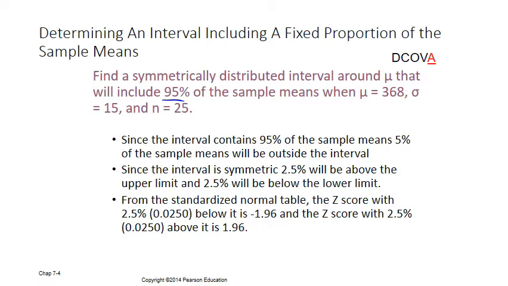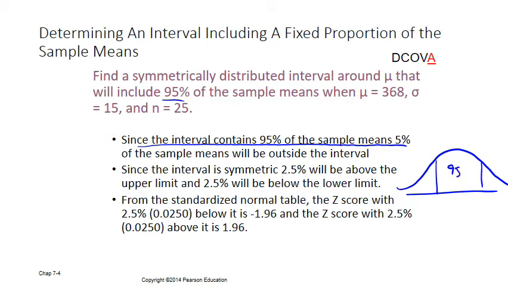Here you can see that since the interval contains 95% of the sample means, 5% of the sample means will be outside the interval. Like the way we did before, this is the 95% area, so 2.5% is here and 2.5% is here.